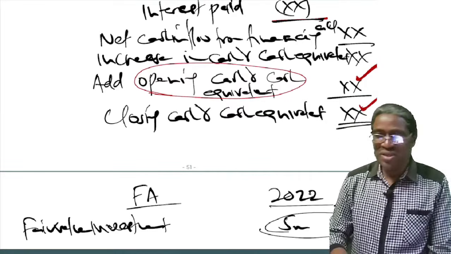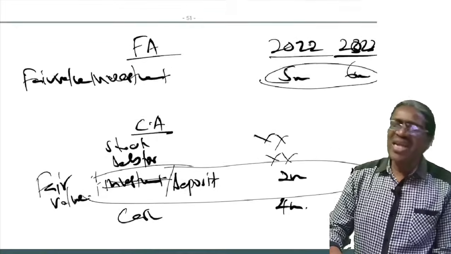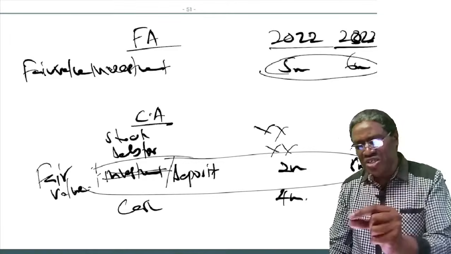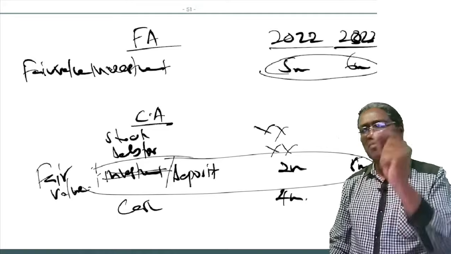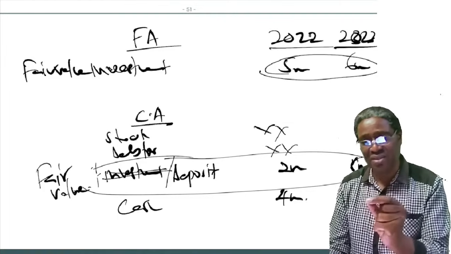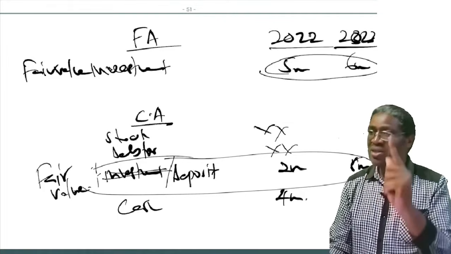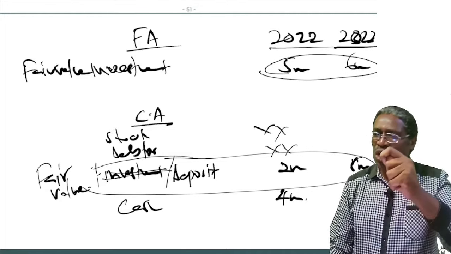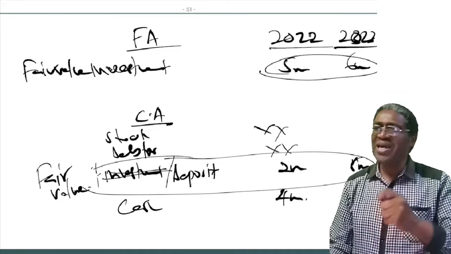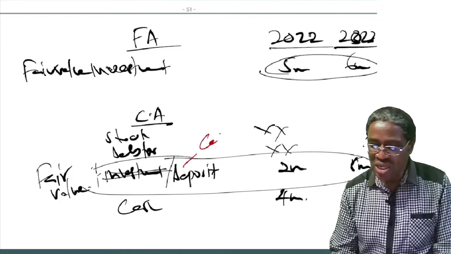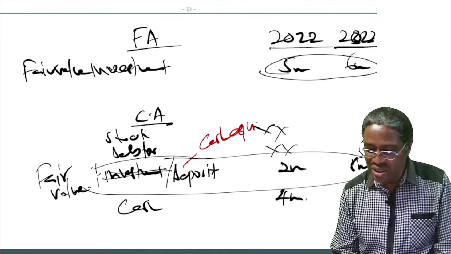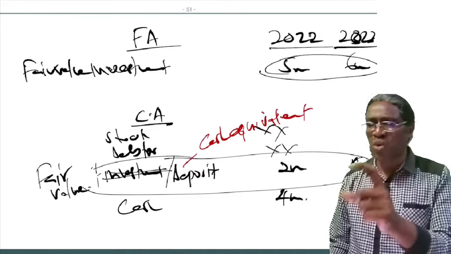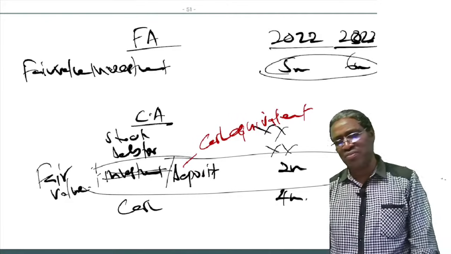Now, any investment, now listen to this, any investment that is given among the current assets, not among the fixed assets, that is what we classify as a cash equivalent. It is an asset that can easily be turned into cash within a short time.